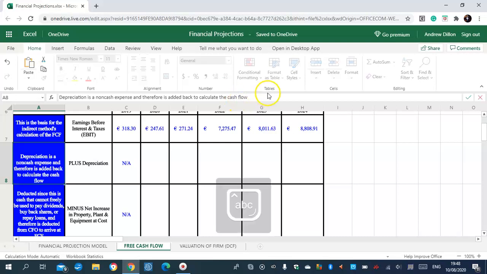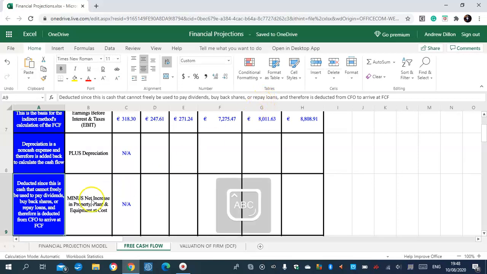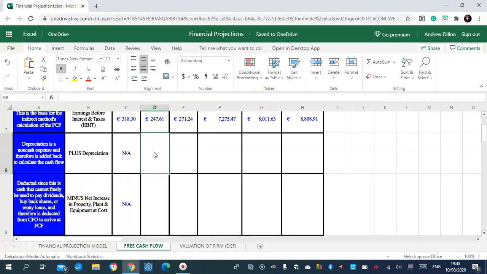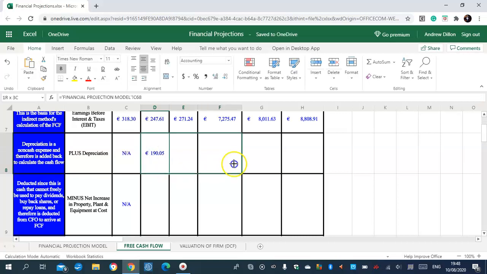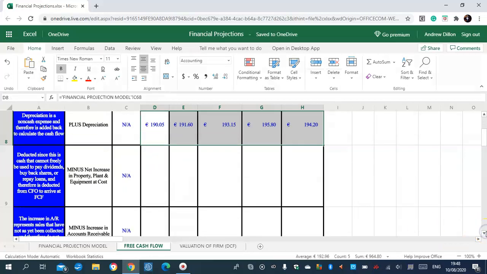Change that to F. Okay, now let's go and calculate the plus depreciation. That's very good. That is correct.